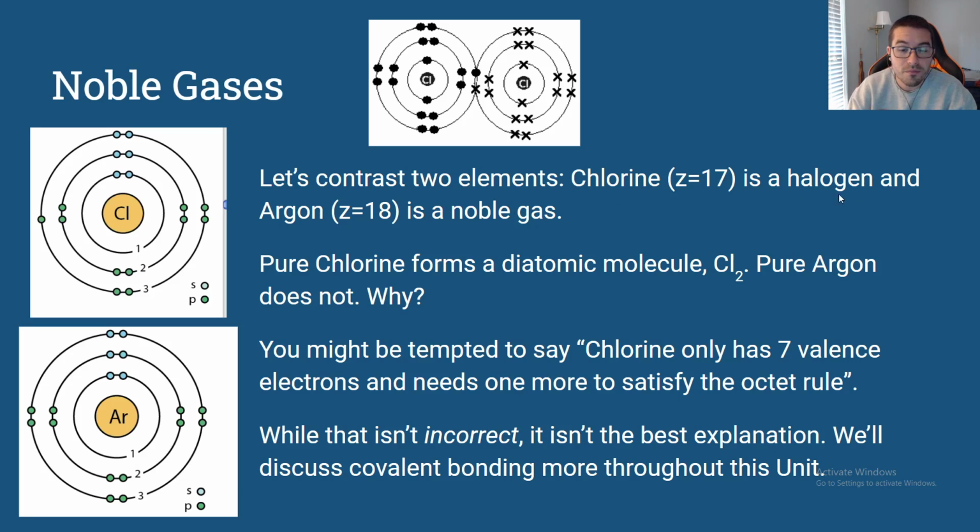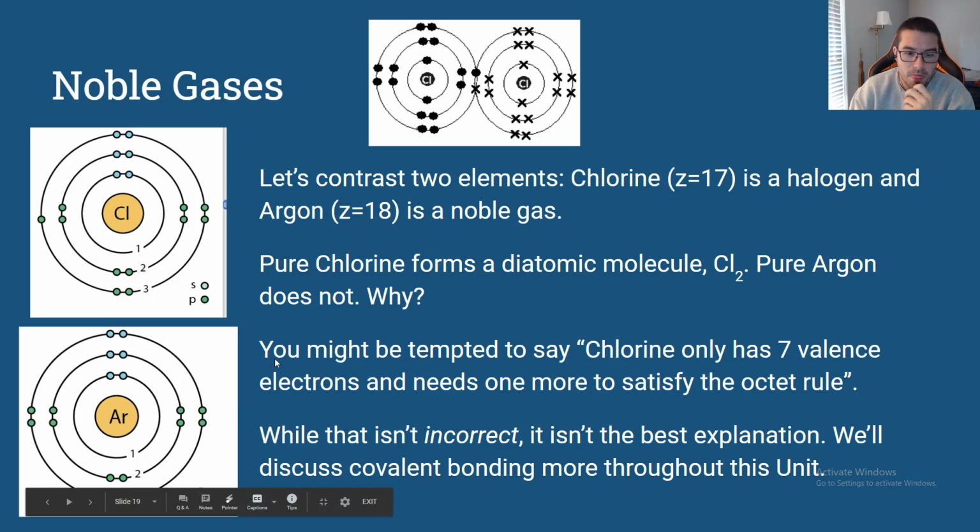Chlorine is a halogen, a highly reactive element, and argon is a noble gas, a highly unreactive element, right? Here are the Bohr models of these two elements. You'll see here that they've labeled the electrons as either s or p orbital electrons. So chlorine has 7 valence electrons, whereas argon has 8, okay?